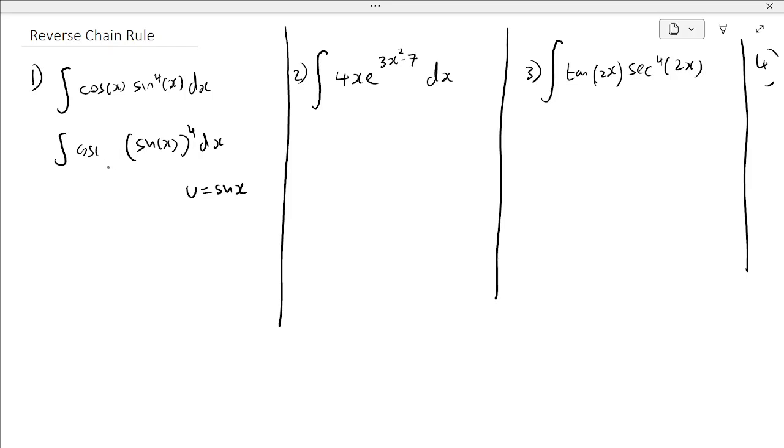If it was e to the cos x, this would not be any good. The derivative has to just be there, simply multiplied. And that's the only rule. I haven't even mentioned the power of 4 yet. That doesn't even matter. As long as the derivative of the function is simply there, multiplied, this should work.